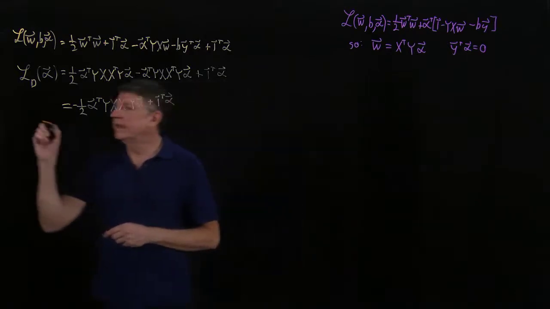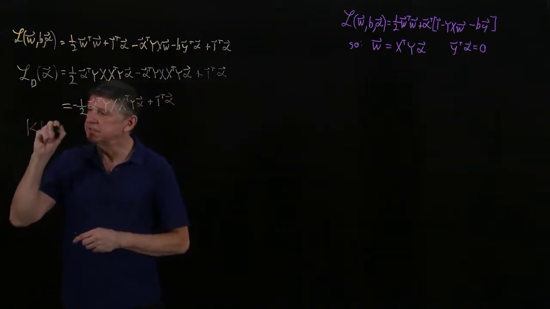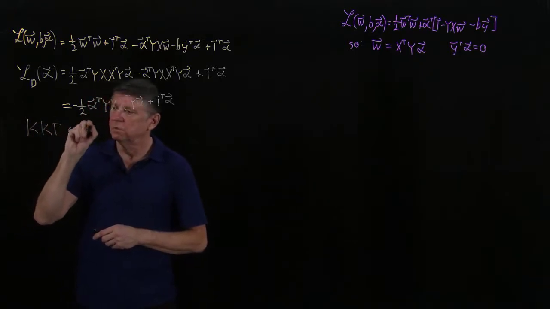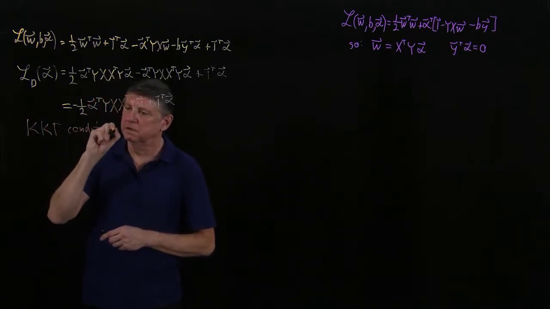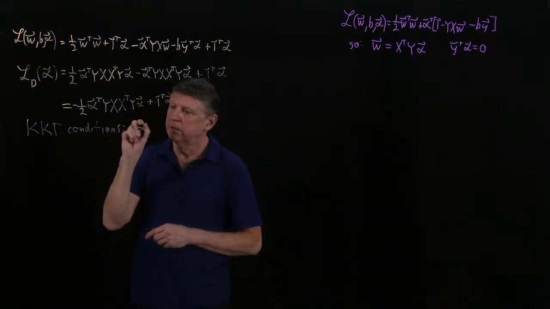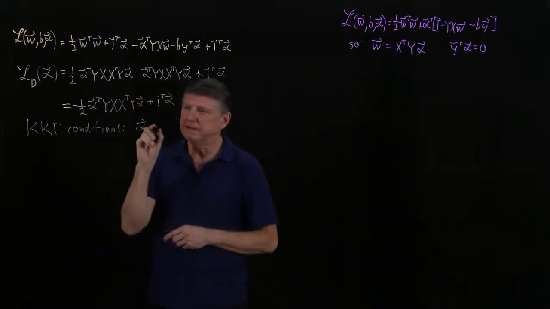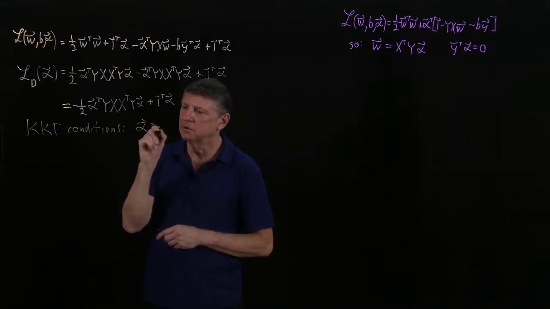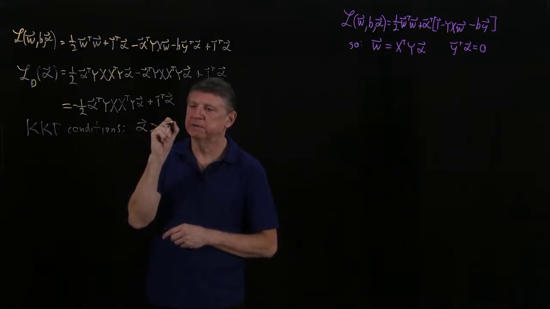So in the KKT conditions, we need dual feasibility, which is that every Lagrange multiplier has to be greater than or equal to 0.